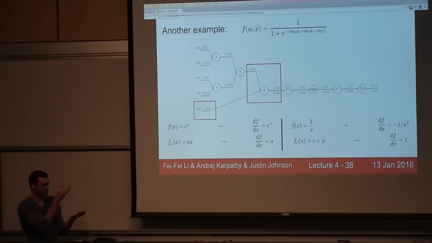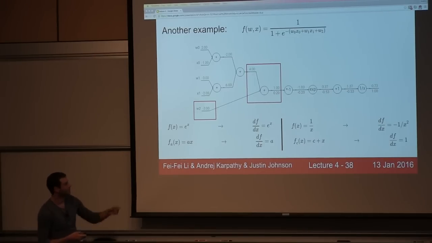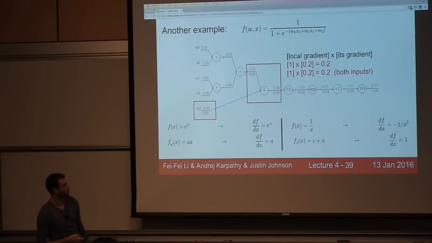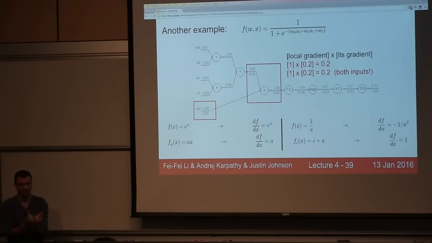The plus gate has a local gradient on all of its inputs that will always be just 1, right? Because if you just have a function x plus y, then the gradient on either x or y is just 1. And so what you end up getting is just 1 times 0.2. So for a plus gate, you always see the same effect, where the local gradient on all of its inputs is 1.